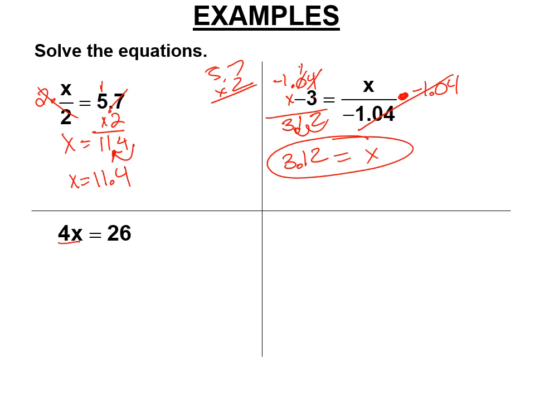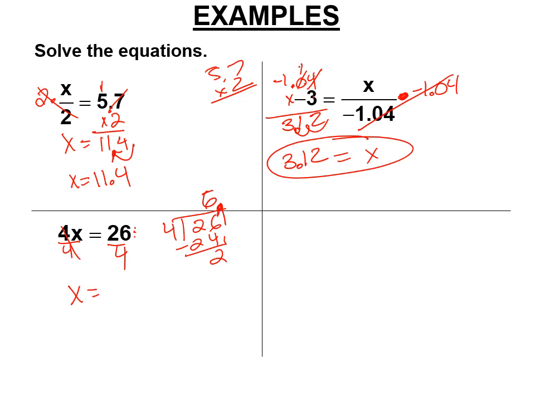Divide both sides by 4. And you cannot leave 26/4, not because it's improper. The problem with 26/4 is it's not simplified. Now, you could just simplify this fraction, but I suspect most people just do 26 divided by 4 like that. 4 times 6 is 24, remainder 2.